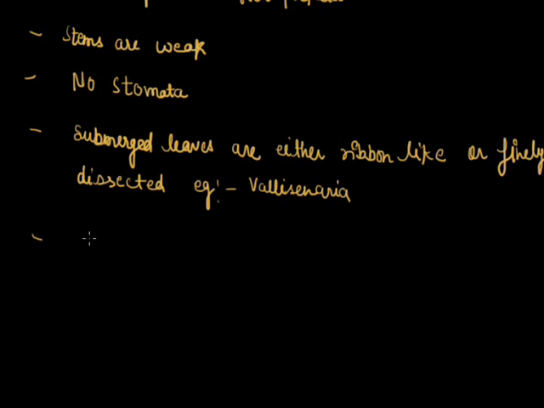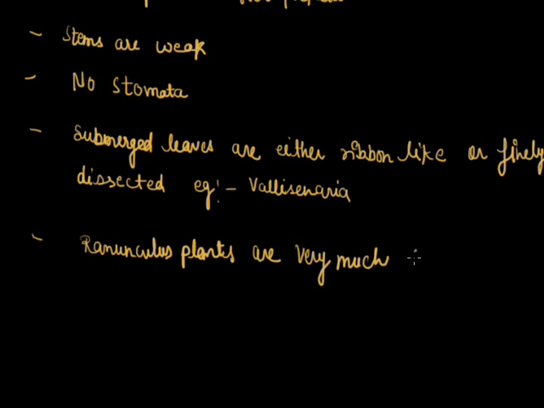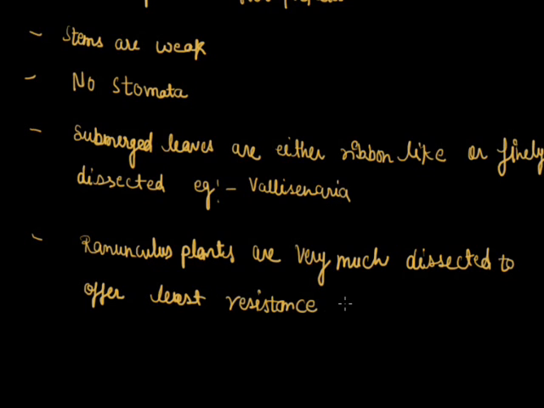The submerged leaves of ranunculus plants are very much dissected to offer least resistance in water, while the leaves that are on the surface of water are less dissected.